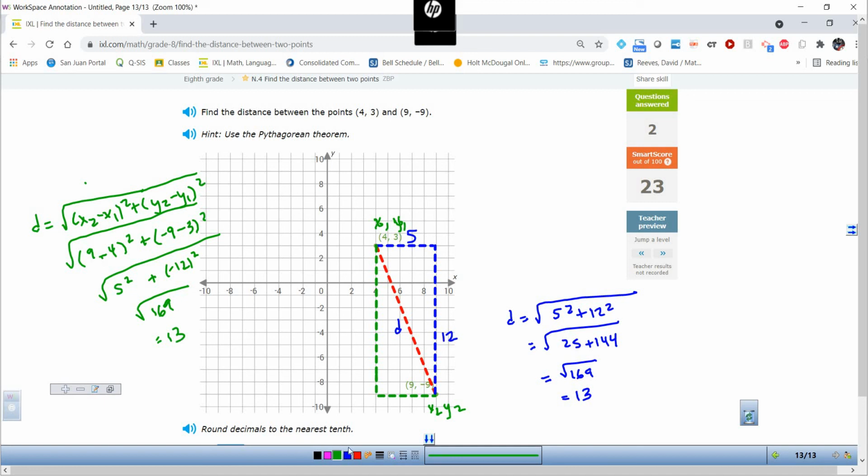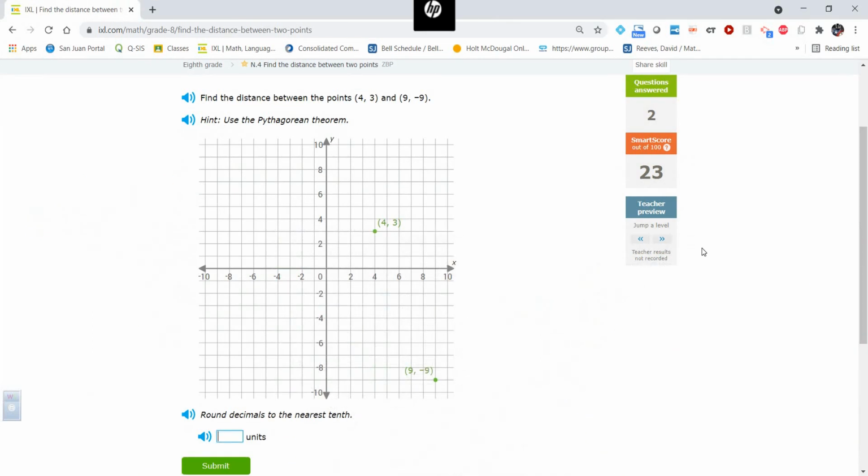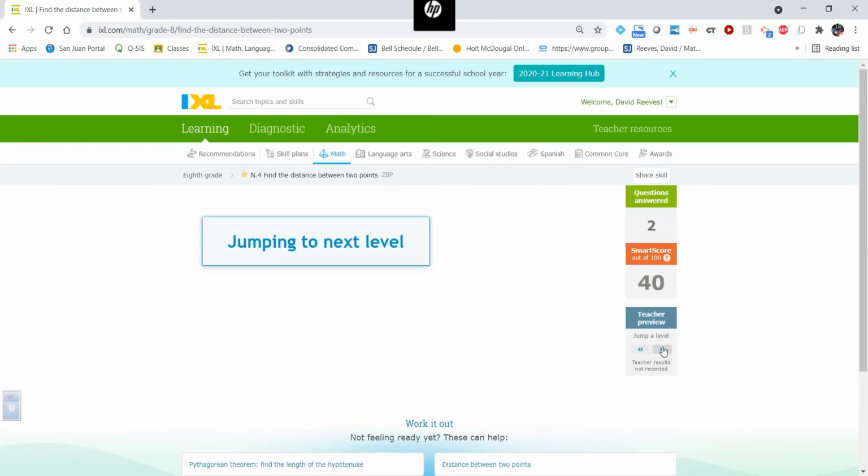So you see, we get the same result using the Pythagorean theorem as we do using the distance formula, and that's because all the distance formula does is find these by subtracting. Sometimes you do get a negative, which when squared becomes positive. So you really have a choice which one you're going to use.